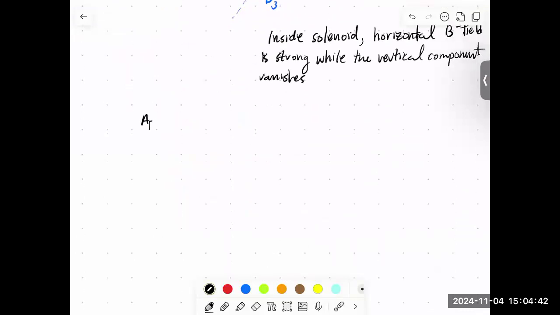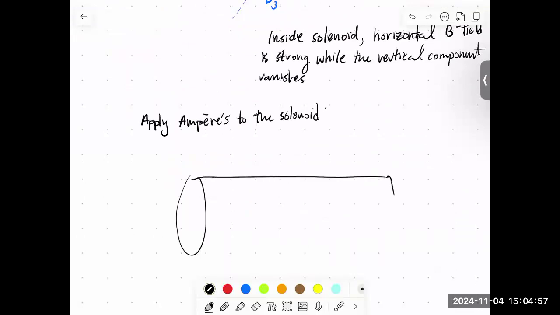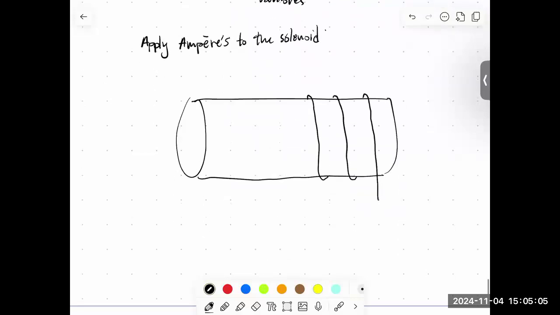So now let's apply Ampere's law to the solenoid. Okay, so I'll draw my solenoid again. So we had our current coils coming up like so.